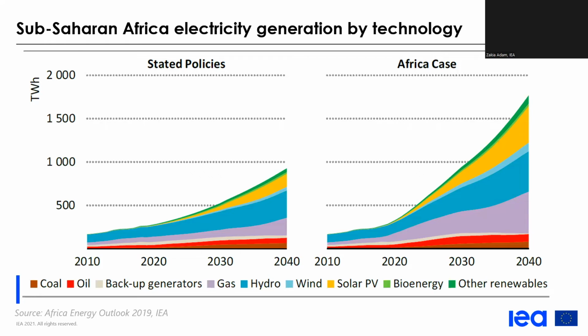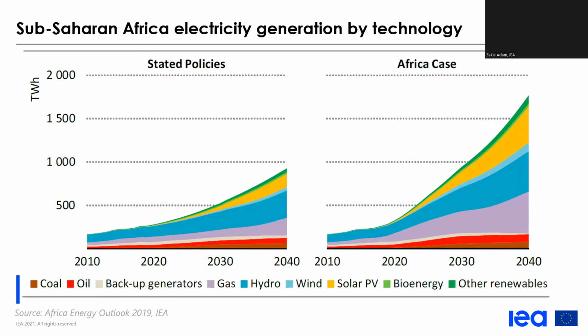So as you can see, the mix of electricity generation in the continent, again, just to point out, here we are talking about Sub-Saharan Africa, not including South Africa, not for geopolitical reasons, but just because South Africa is really an outlier when we talk about electricity generation by technology.